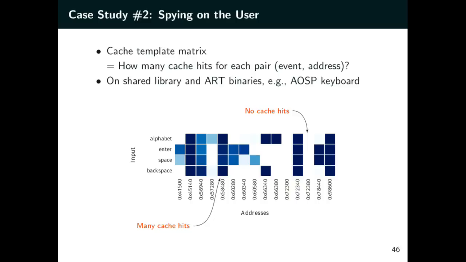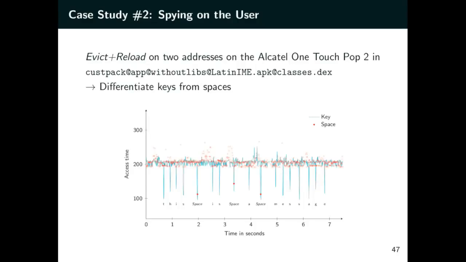So that was to see which addresses we are going to choose to monitor. And now monitoring them using Evict+Reload. So on 2 different addresses, on the Alcatel One Touch Pop 2, on this text file, you can see that we can really differentiate keys from spaces. We have very precise timing here, and we have exactly 1 cache hit per space that the user pressed.